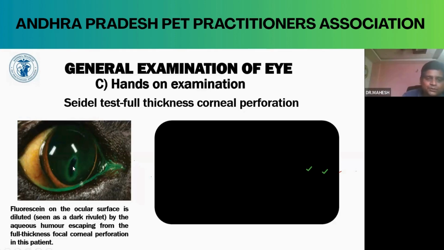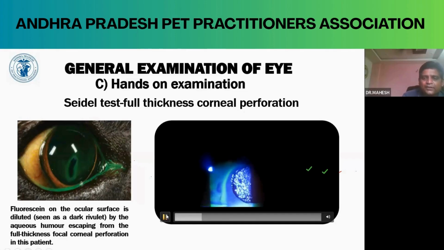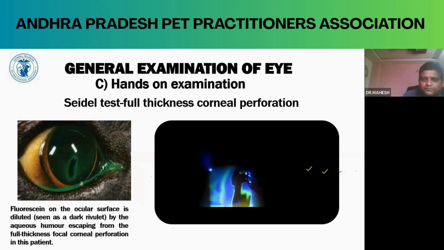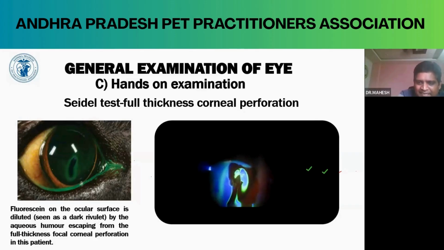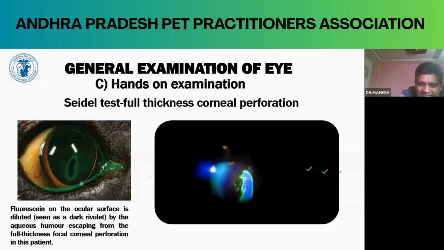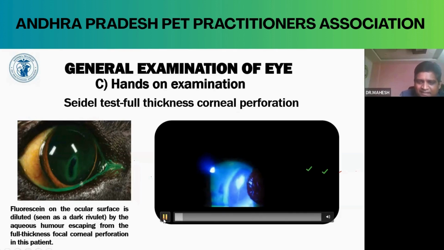This you can clearly observe in the side video. And here at the edges, you can appreciate the greenish color. Those are the margins. So this is a video where the perforation is complete. Here, with cobalt blue application, they are applying the dye. See the blackness here, that is nothing but the aqueous humor leaking from the perforation, so it is diluting the dye.